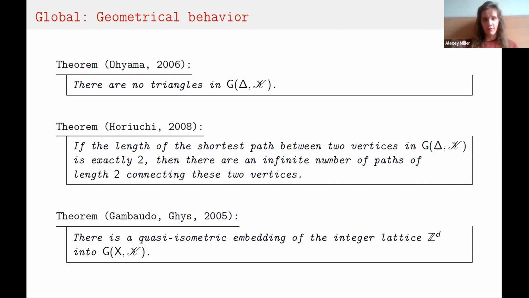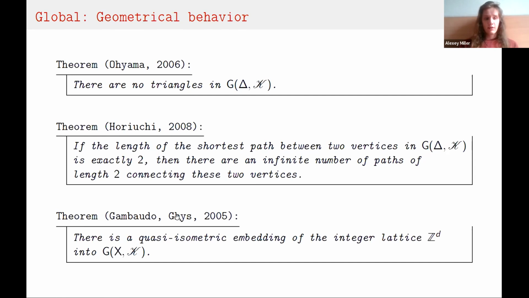The Gambaudo-Ghys theorem says that there is a quadratic embedding of the integer lattice into the crossing change Gordian graph.